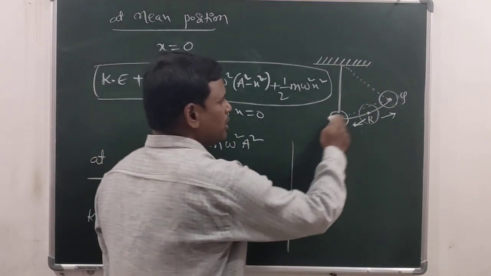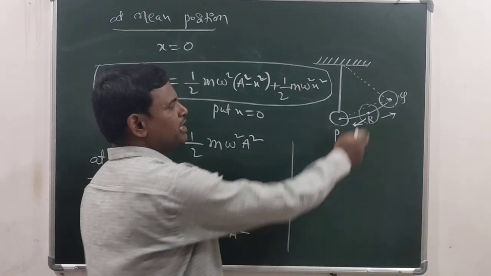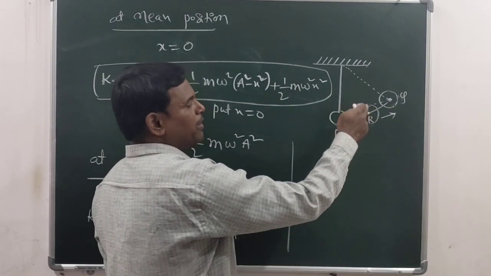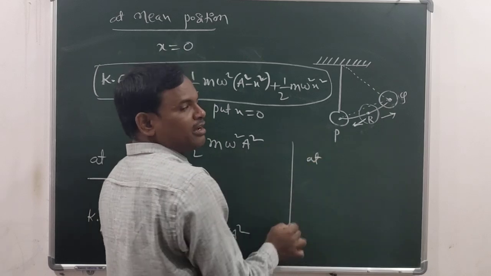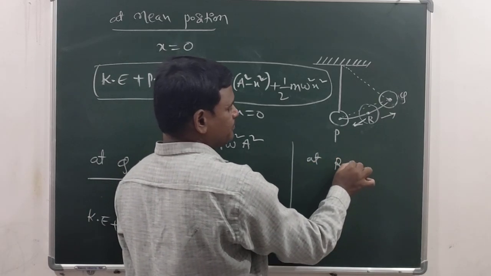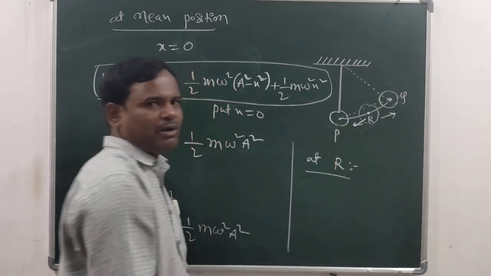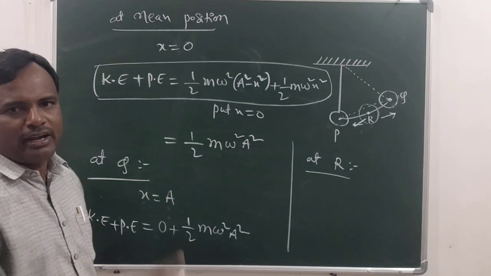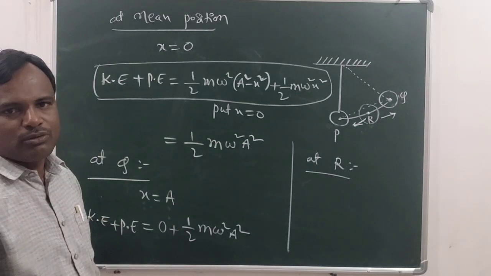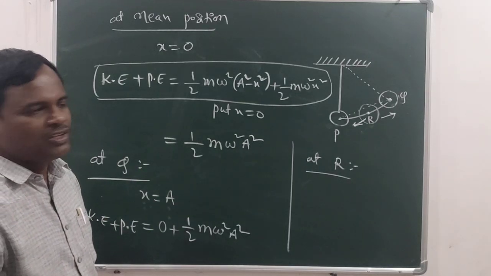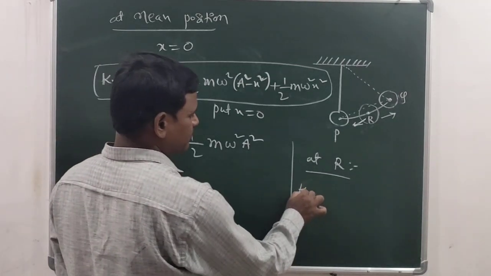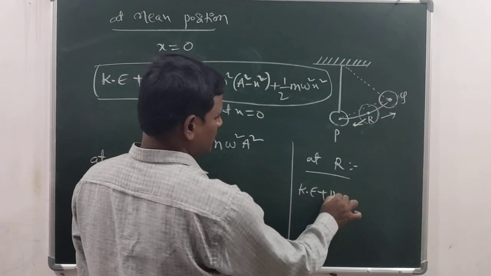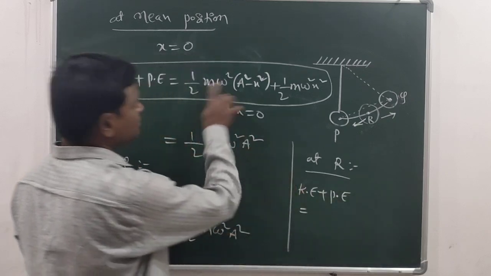Now, not only these 2 points, I am going to check this energy at any point in the path. So, I am taking R. You can take anywhere, but in between P and Q, I am going to check the energy at R. At R, now add both of them, KE plus PE. KE is how much?